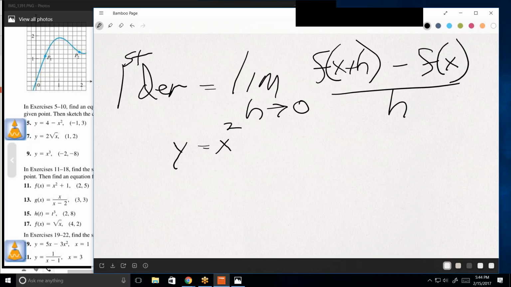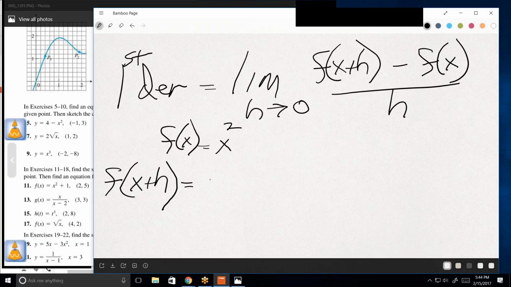Okay. Well, first of all, I got to figure out what f of x plus h is. Let me rewrite that so that it says f of x, not y. My function is f of x equals x squared. So what is f of x plus h equal to? That's what you always have to figure out.